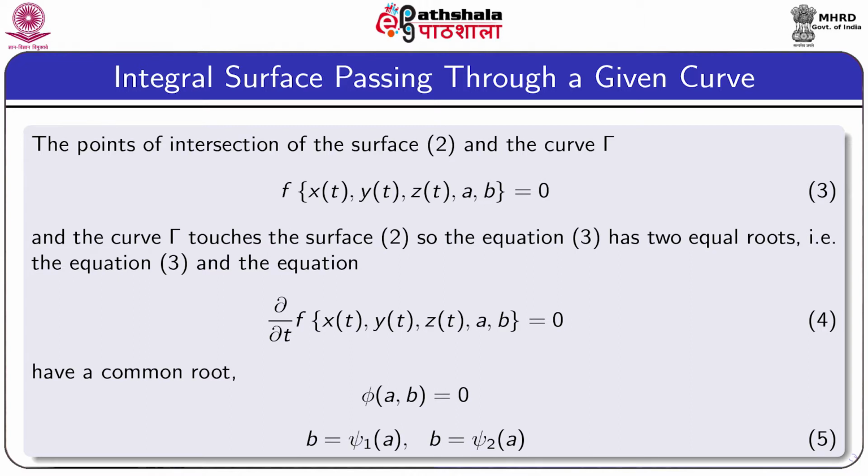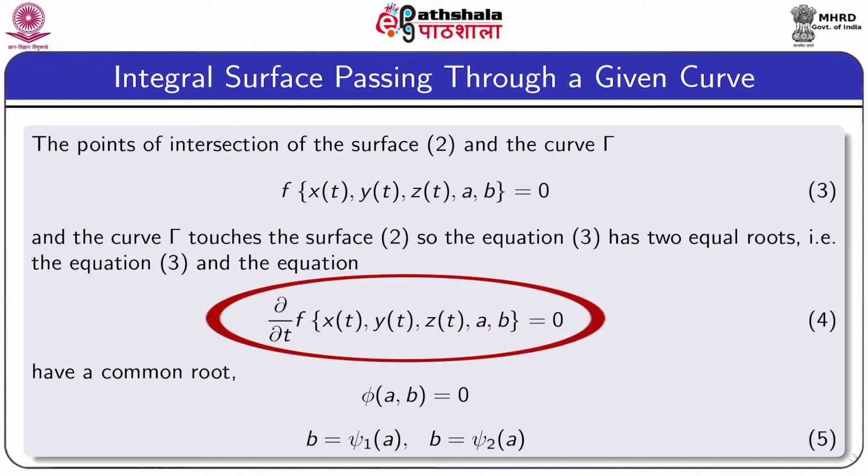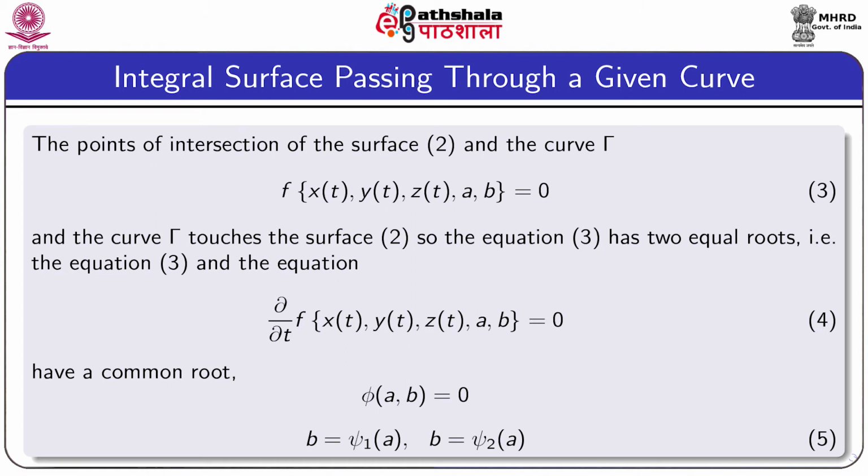So, the condition for two equal roots leads to del f by del t equals 0. Solving equations 3 and 4, we get a functional relation between a and b as phi(a, b) equals 0, and from that we can find b is some function psi_1(a), or b is some function psi_2(a). Each of these subsystems will give the envelope of the original equation, that is, the general integral of the given equation passing through the curve gamma.